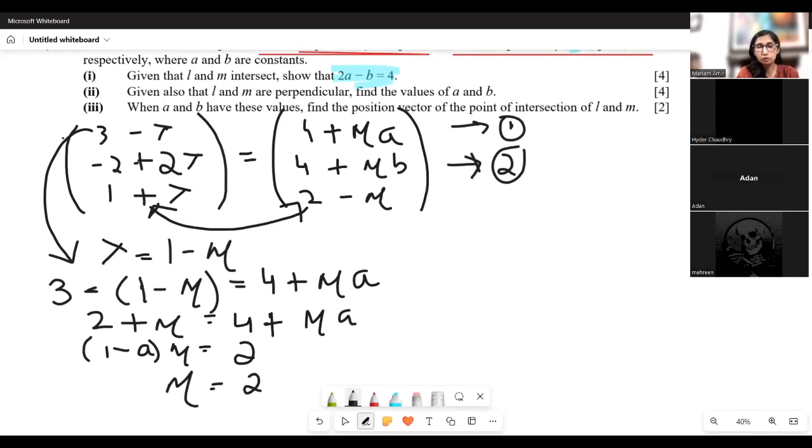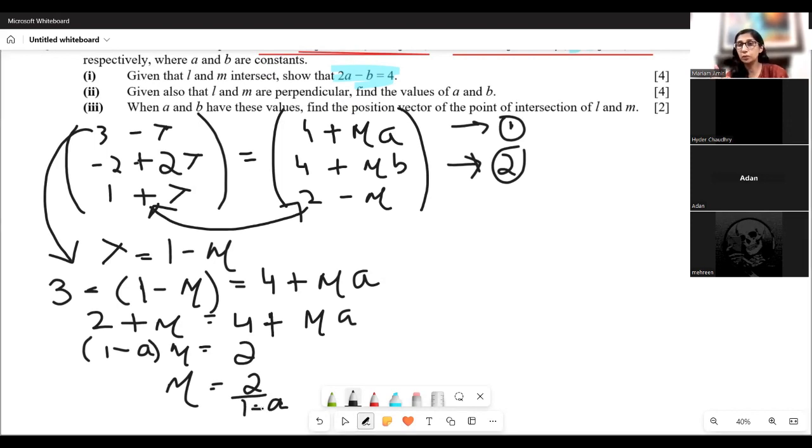So mu is equal to 2 over 1 minus a. I'll do the same with the second equation, make mu the subject and get something in terms of b, and then I'll equate the two mu's in both the equations and I should be able to get that equation 2a minus b is equal to 4. I hope there's no mistake so far.